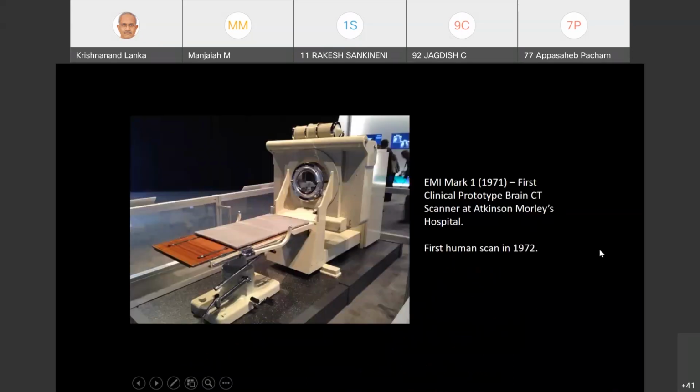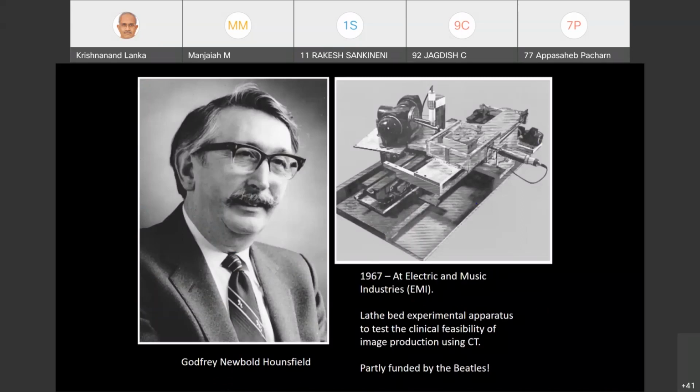Coming to this man, he is a very great innovator. He developed this technology by working with Electric and Musical Industries, EMI, and it was partly funded by the Beatles, the musical group.